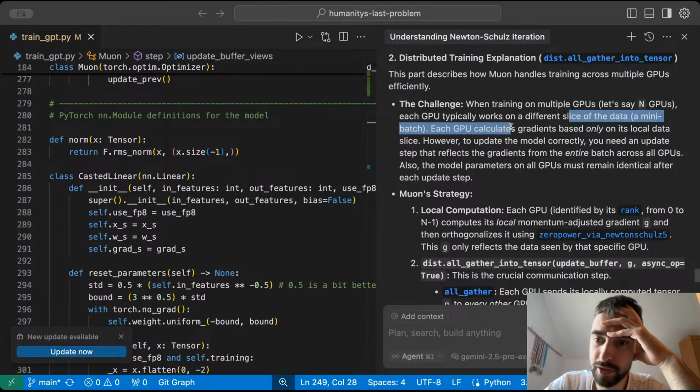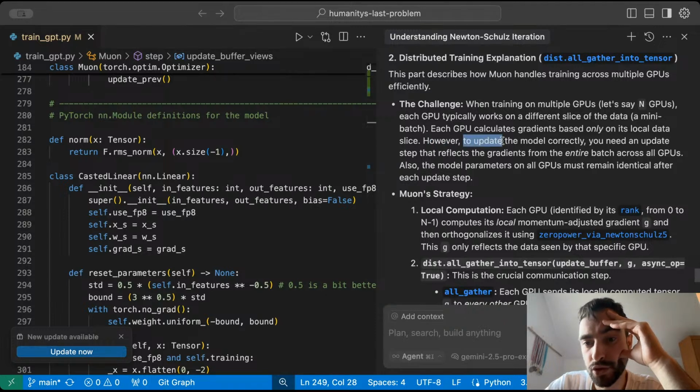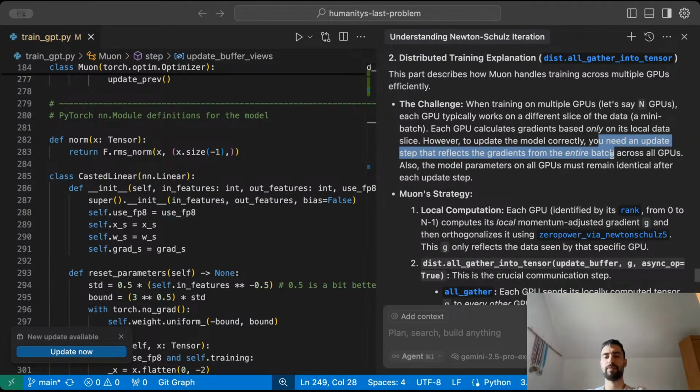Each GPU calculates gradients based only on its local data slice. However, to update the model correctly, you need an update step that reflects the gradients from the entire batch across all GPUs. Also, the model parameters on all GPUs must remain identical after each update step.